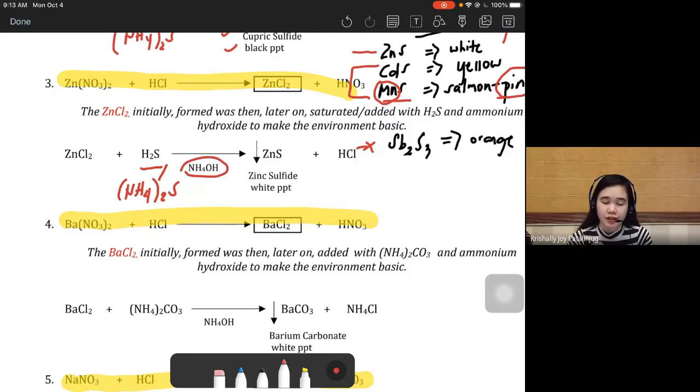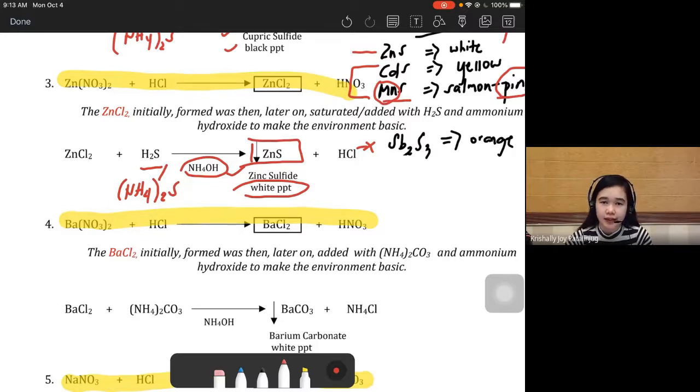If that is the precipitating agent, sulfide in the presence of a basic environment, then the ion that will precipitate out would be a group 3 cation, and that would be zinc. Zinc reacting with a sulfide group will precipitate the compound zinc sulfide. Kaya nakalagay dyan, zinc sulfide yung pangalan, then the color of the precipitate is already given, sa video material, it's color white.